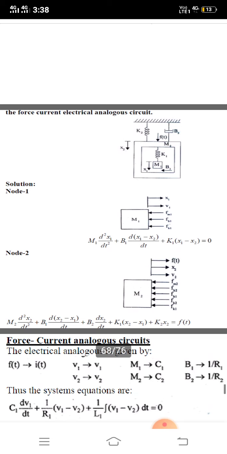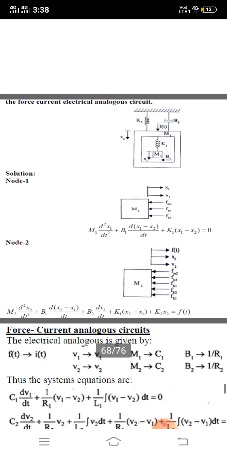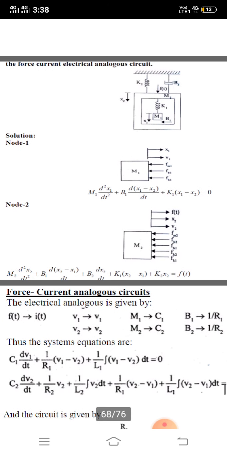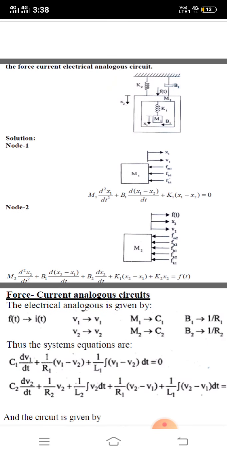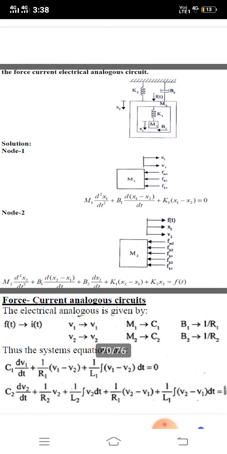We take the two masses M1 and M2, each with its own differential equation, connected across the elements with self-opposing force Fm1, dashpot force Fb1, and stiffness force Fk1, in terms of displacement and applied force.